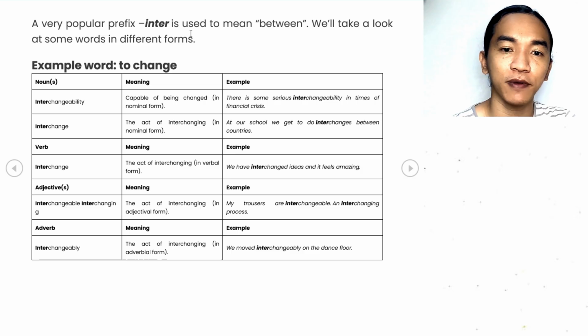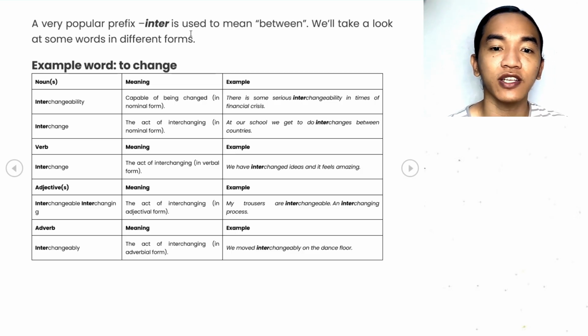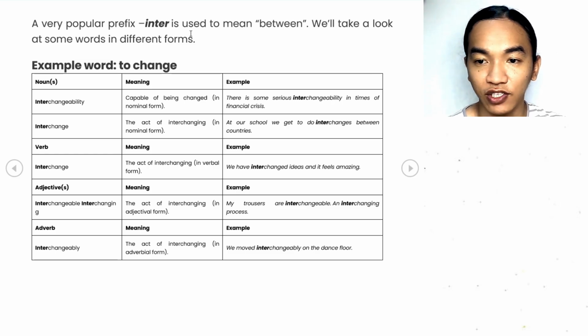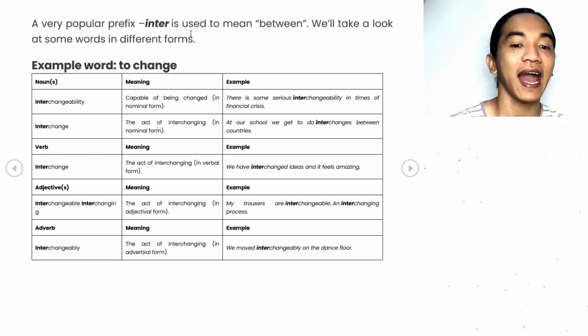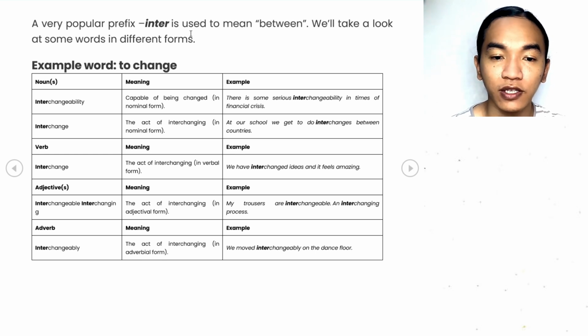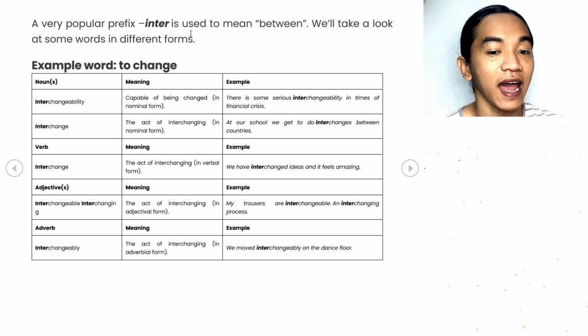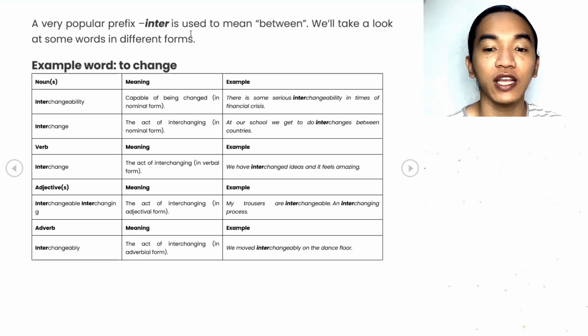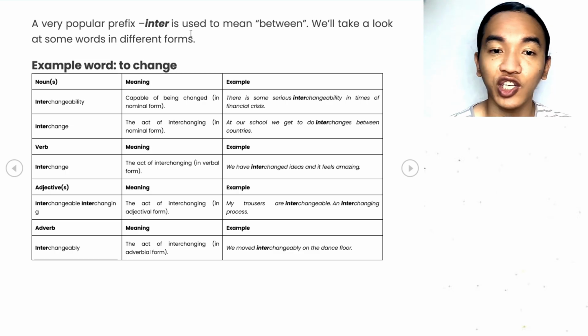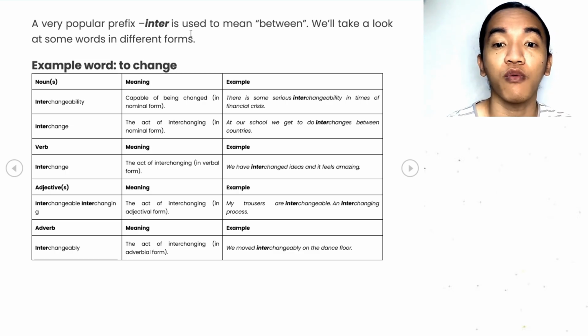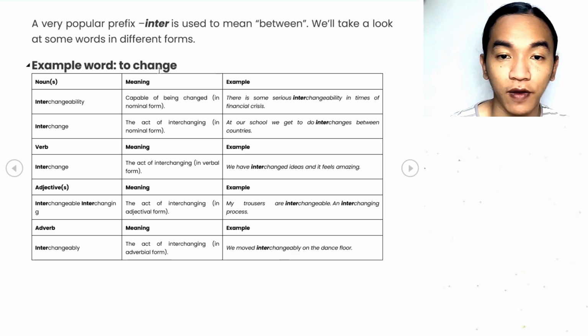Okay, like for example, we have the noun interchangeability. Okay, so we can also use interchange. Now for verb, we have interchange, an adjective, interchangeable, interchanging, and for adverb, interchangeably. So as you can see here, we use the prefix, but we also need the help of a suffix to change the forms of our word, okay, of the word change.